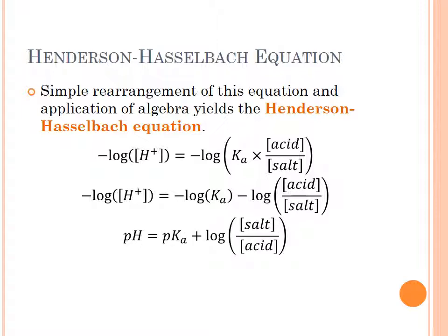So substituting, negative log of hydrogen ion is pH, negative log of Ka is pKa, and then distribute the negative sign into the logarithm, so plus log of salt divided by acid. We flip numerator and denominator and get rid of that negative sign, applying our laws of logarithms. And so that is the pH of a weak acid type buffer with a salt of its conjugate base.